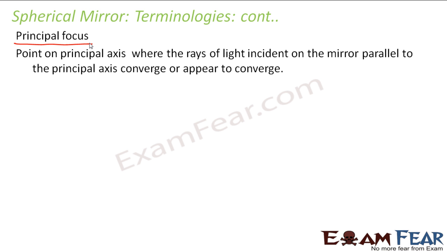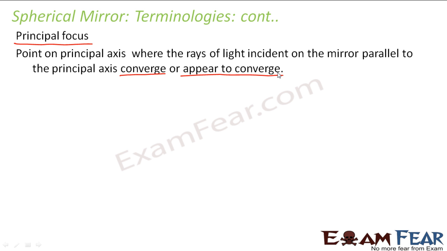So principal focus is a point on the principal axis. That is why it is known as principal, because it lies on the principal axis where the rays of light incident on the mirror parallel to the principal axis converge or appear to converge.